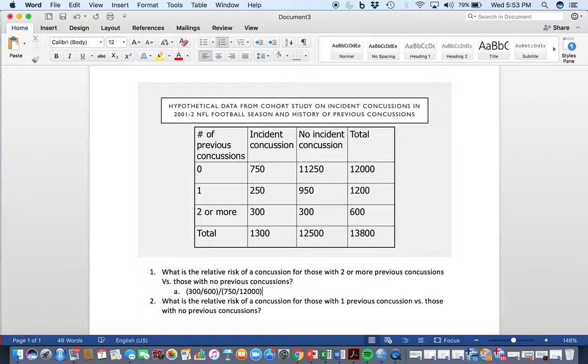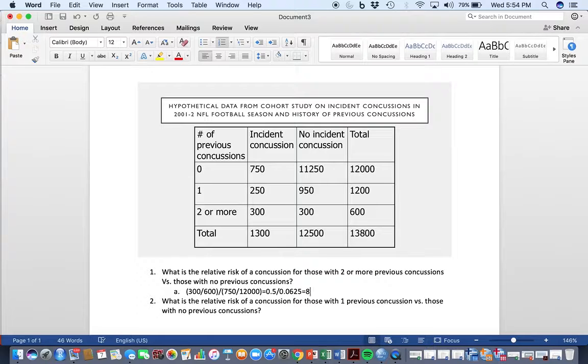Okay? And now I'm just going to calculate the ratio of these risks. That's going to give me 0.5 divided by 0.0625, and that's going to give me a relative risk of 8.